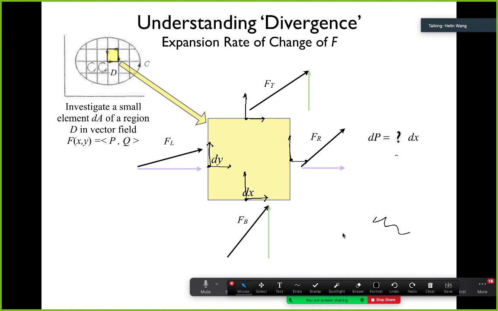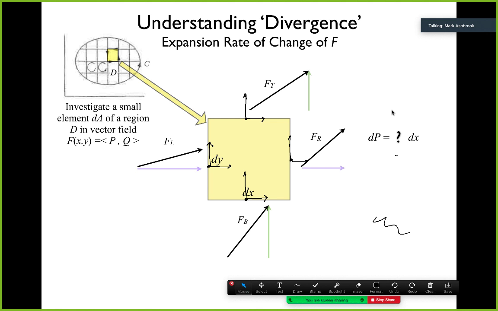Horizontal? Yeah. So in the horizontal direction, for a change in x, what is it that determines the change in P? What is it that determines the change in P for a change in x? What's the key quantity there?